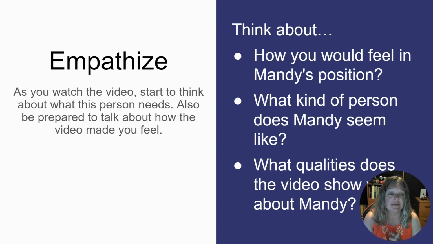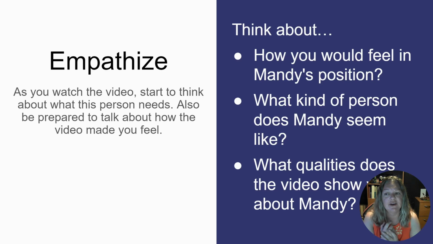We're designing something for someone to wear, and we're going to watch a video of the person that we're designing this thing for. So when you watch the video, you are going to start thinking about what this person needs. I also want you to be prepared to talk about how the video made you feel.